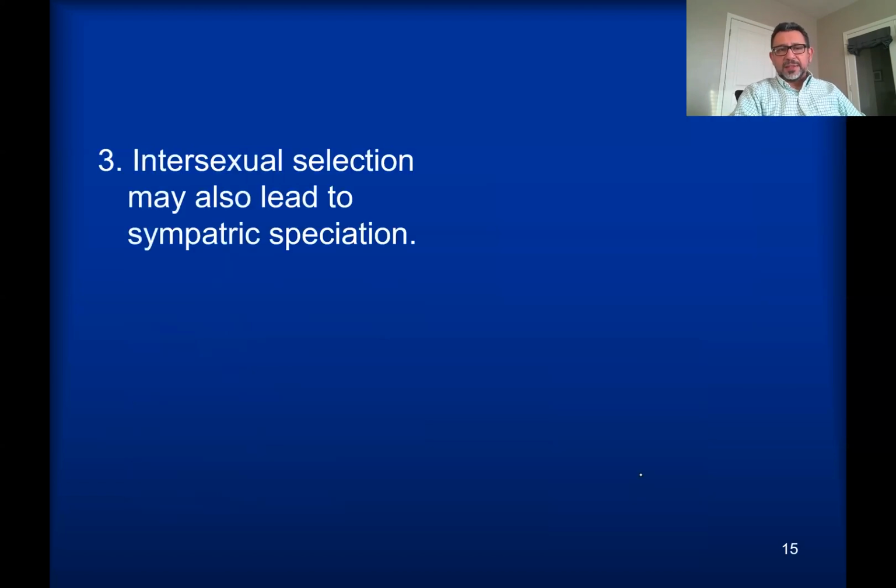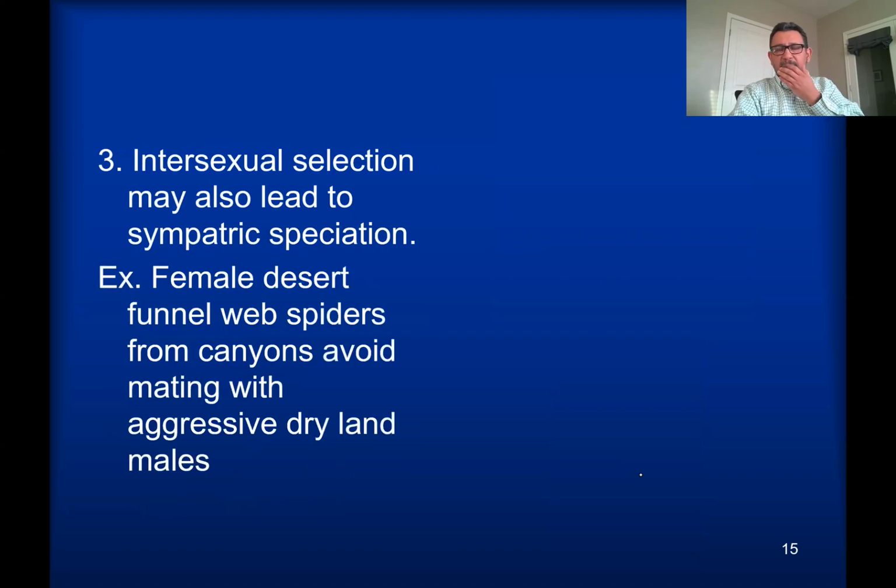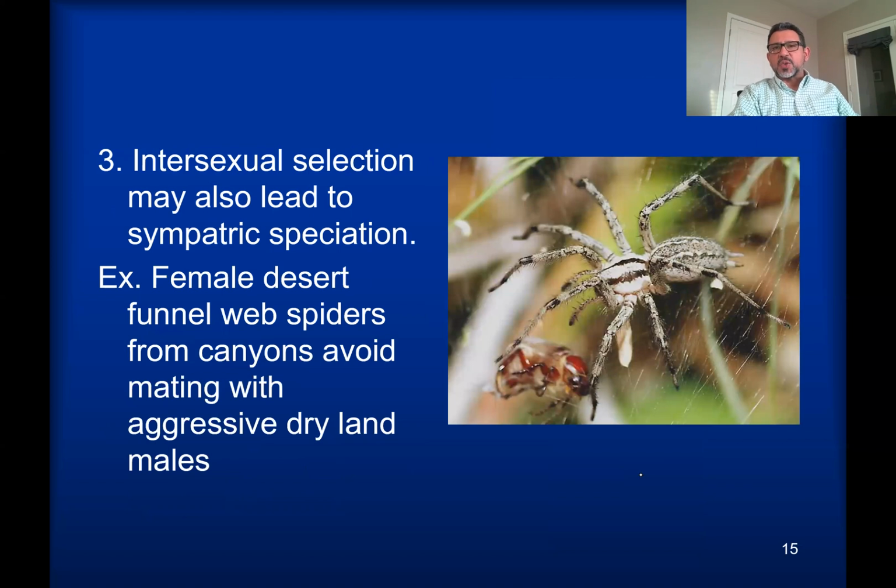Another example that can lead to evolution of two different species in one place is intersexual selection. Intersexual selection means selection for a mate of the opposite sex. We've seen this happening with birds, the example of the peacock, and how females choose males that have the most beautiful tail feathers.